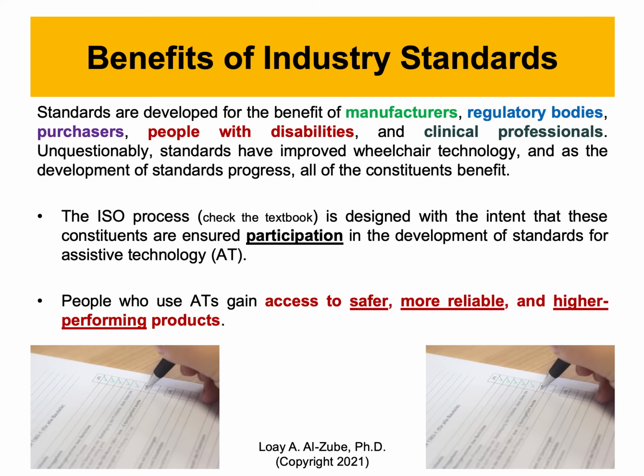So if you want to look at the ISO process, you can check the textbook. It has a lot of information there. This process is designed with the intent that these constituents, the manufacturers, regulatory bodies, purchasers, people with disability, and clinical professionals, are ensured participation in the development of the standards of assistive technology.